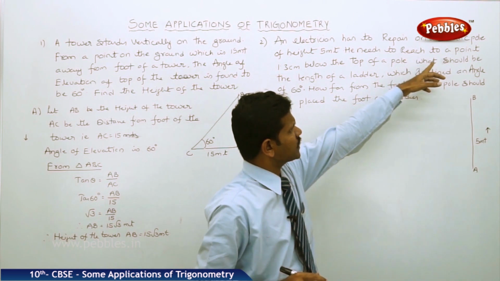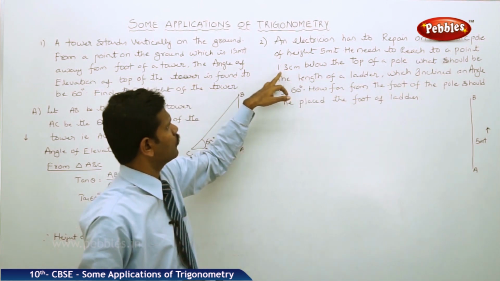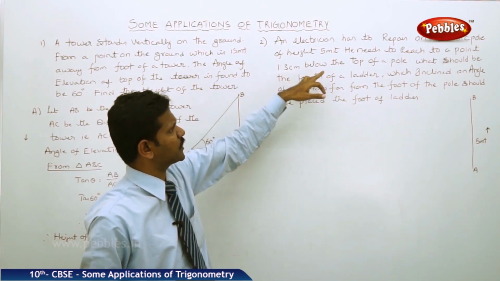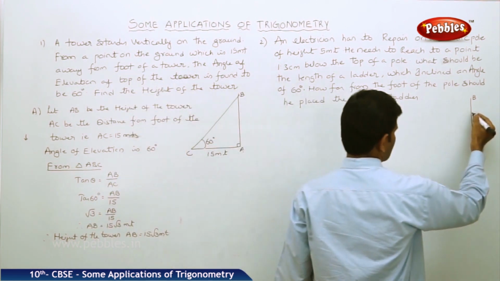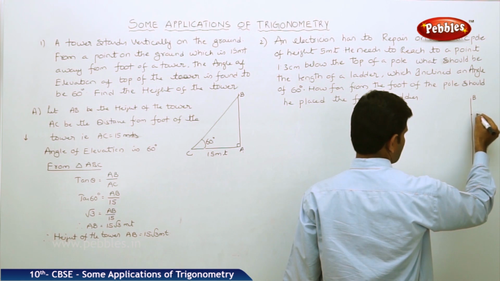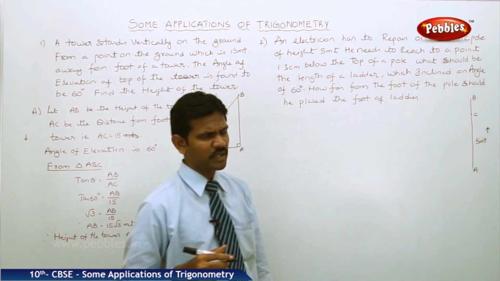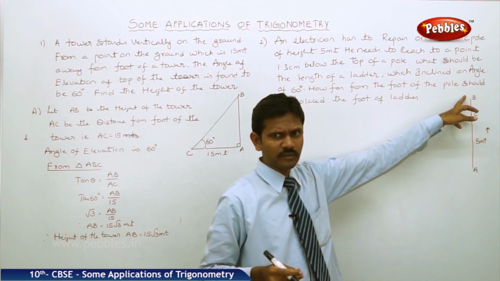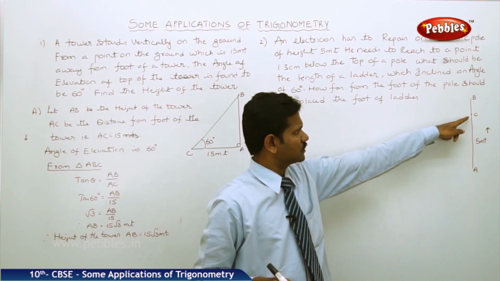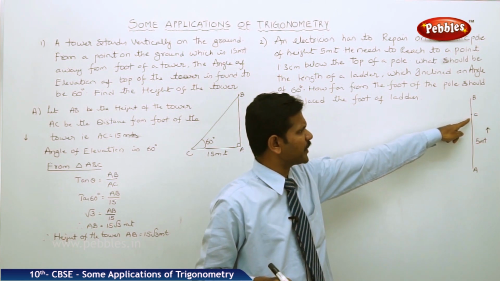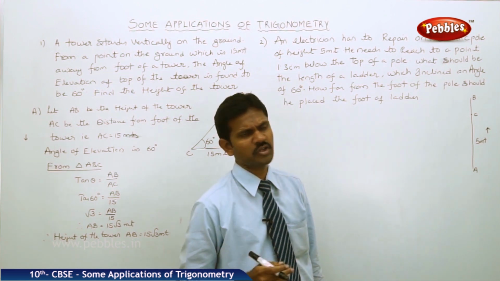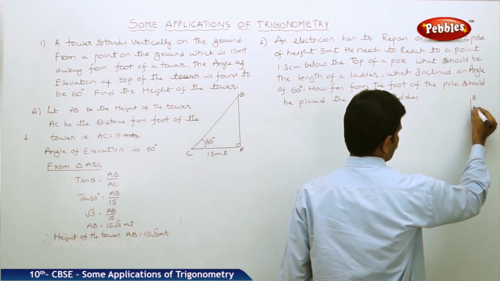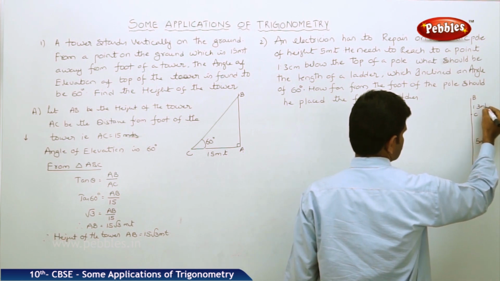He needs to reach a point 1.3 meters below the top of the pole. That means below the top of the pole you have to mark another point. Suppose AB is the height of the pole, the electrician has to repair at point C, which is just 1.3 meters below the top.